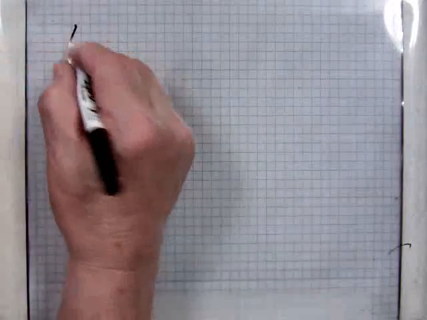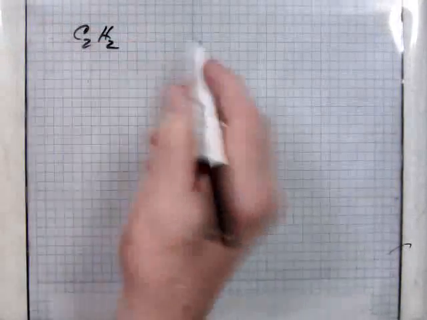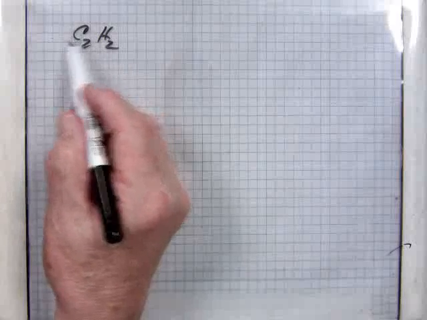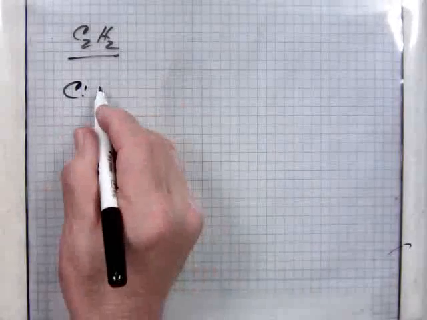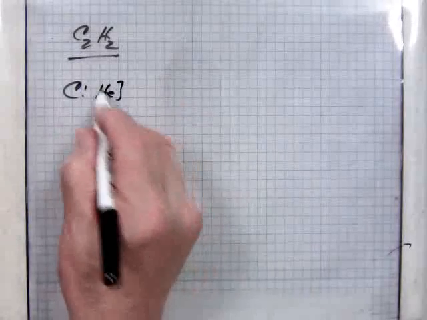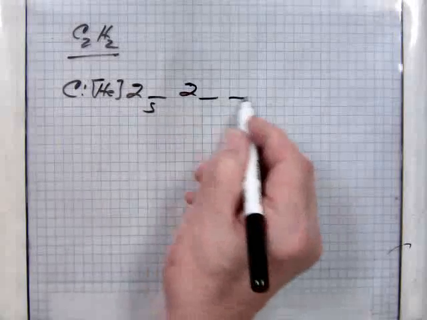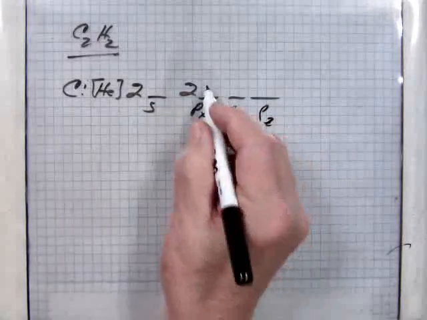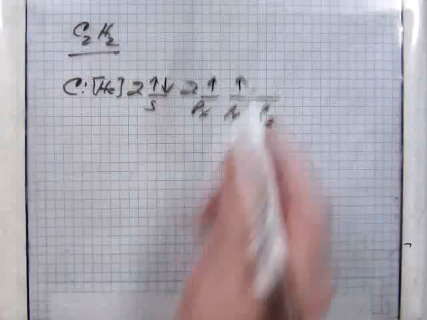Well, I can expand that a little bit for you. C2H2. So what we're doing is we're taking two carbons and hooking them together. So taking carbon with a helium core and 2s, 2p: px, py, pz, and that one's empty.